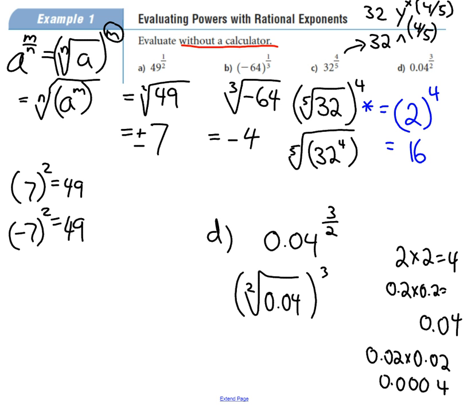So the answer there would be 0.2 cubed, and 0.2 times 0.2 times 0.2 is going to end in 8, and it's like taking 2 times 2 times 2 and then multiplying it by 1/10, 1/10, and 1/10, which would be 1,000, so 0.008.